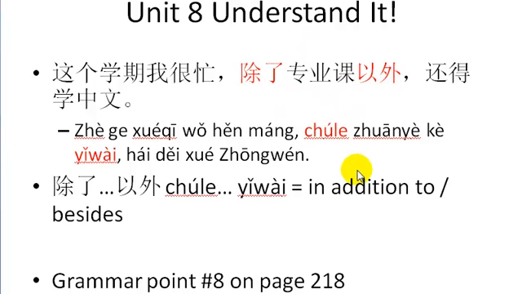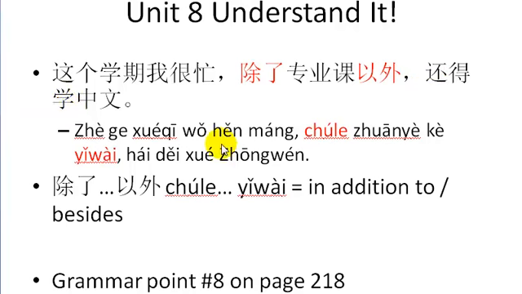In this case we have 专业课, but we don't know the meaning of 专业课 just yet. So let's use my example of Chinese. If we were to say 除了中文以外, 中文 you remember means Chinese. So this means in addition to studying Chinese, 还学西班牙语, Spanish.